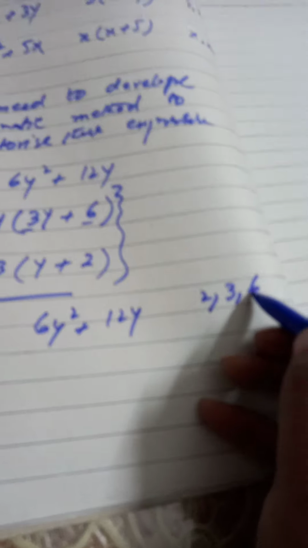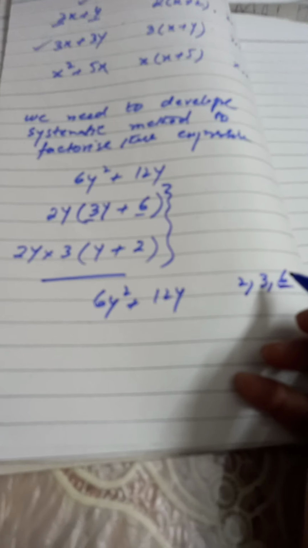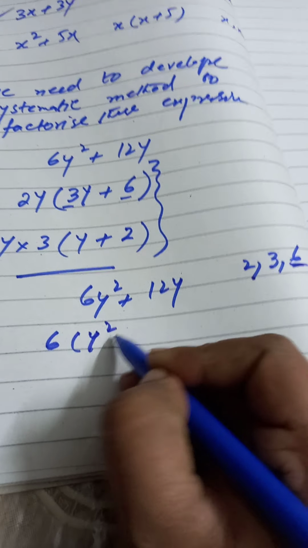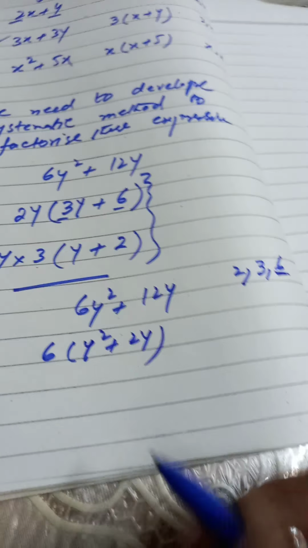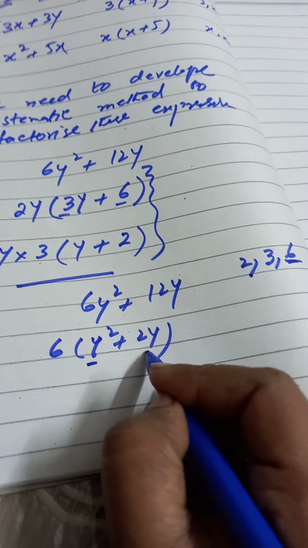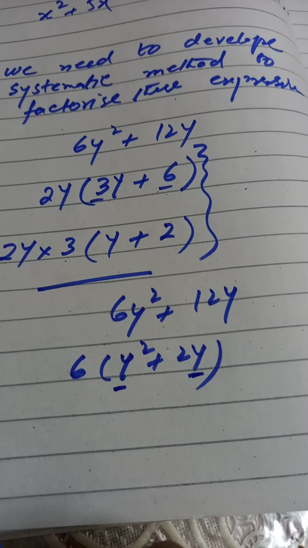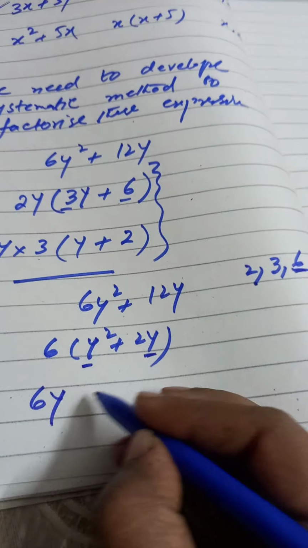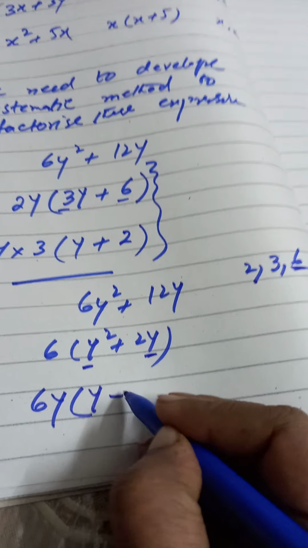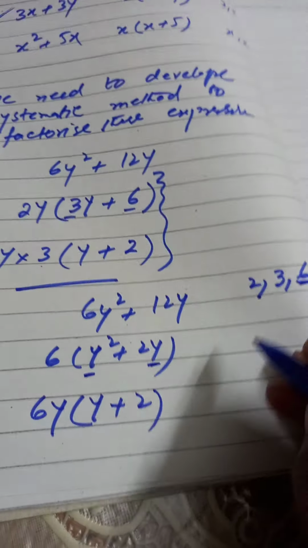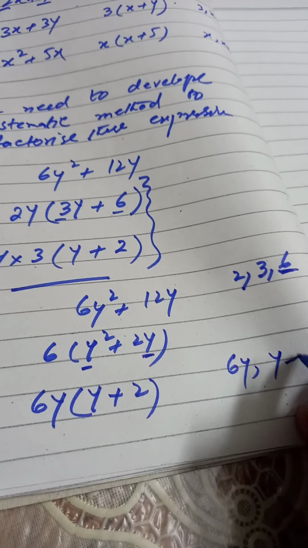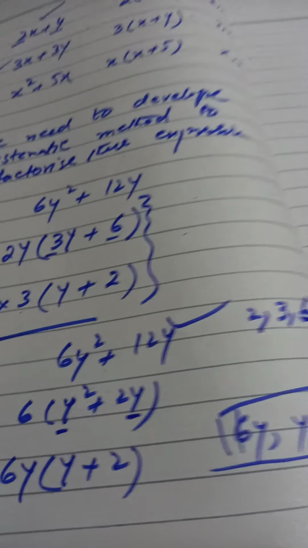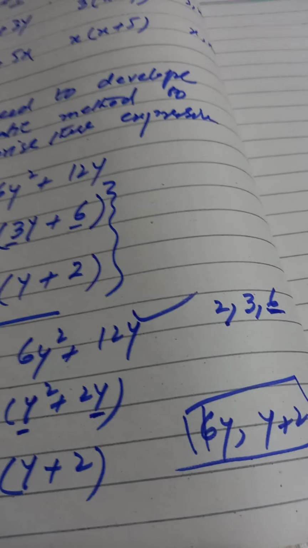No. So we take the number 6: 6 into y square plus 2y. Now there is y in both terms, so we take y common again, giving y plus 2. So 6y and y plus 2 are the two factors of this expression, and so we factorize it.